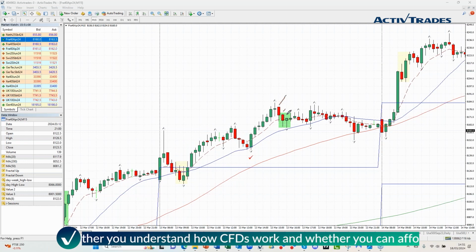This in itself was also a 3-bar reversal. Price is in an uptrend. It pulled back. We got two red bars followed by a green bar, and the green bar is also a pin bar. But this is late into the US session, and generally, as a rule, with indices, I will trade UK and European indices in the morning, and then in the afternoon, I focus on trading the US indices.